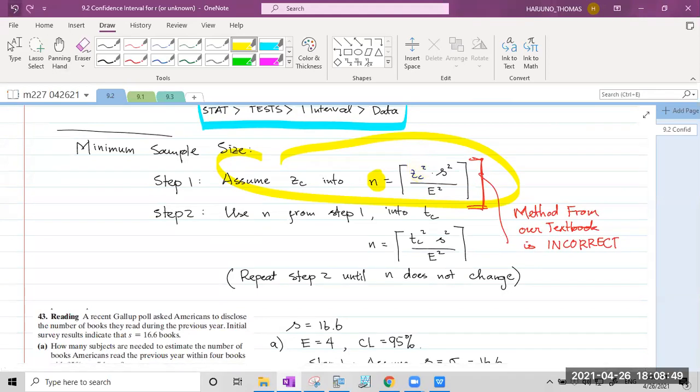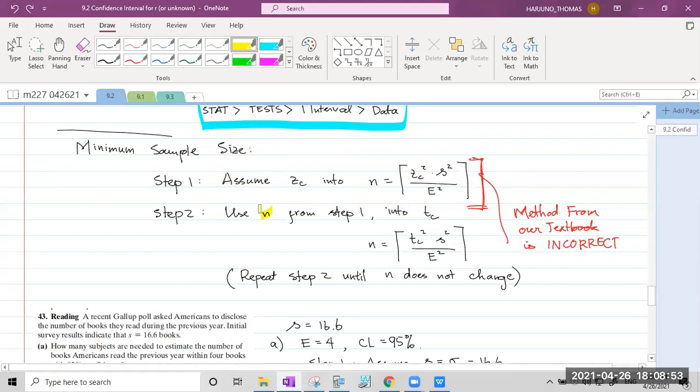What you will do in your second step is use that n from step 1, but find the critical value in the t distribution instead. You plug into the same formula, but this time you change the critical value from Z score to T score.